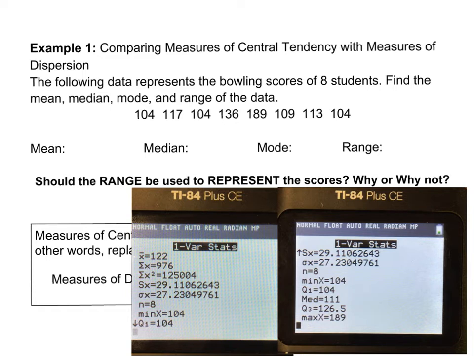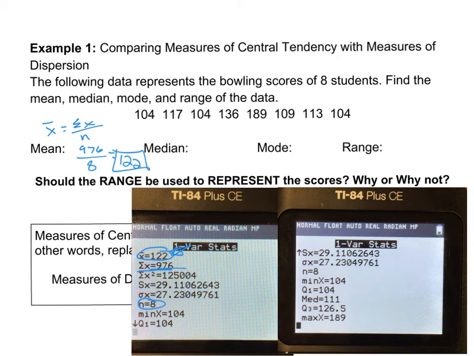And if you remember back to the last lesson, when we start looking for the mean, that is going to be your x bar. Where does that x bar come from? That was your sigma x divided by n, which is really just telling us the sum. So we have that 976 divided by the 8 values, and it's really going to tell us that this is equal to 122.